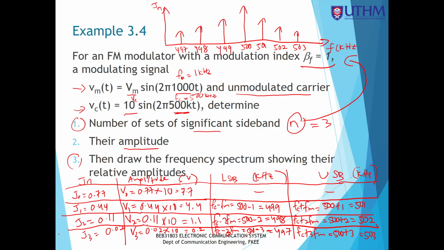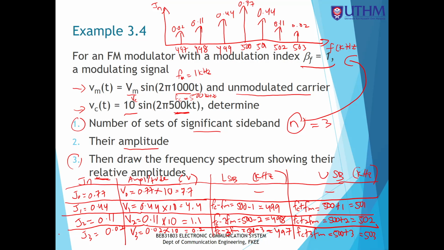If this is a relative amplitude, that means we can label it as 0.77, 0.44, 0.44, 0.11, 0.02.